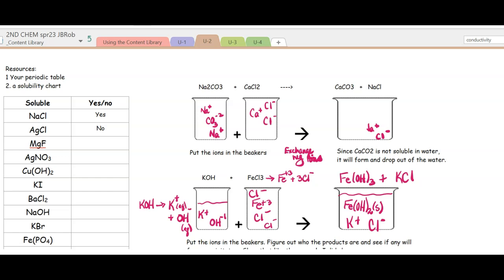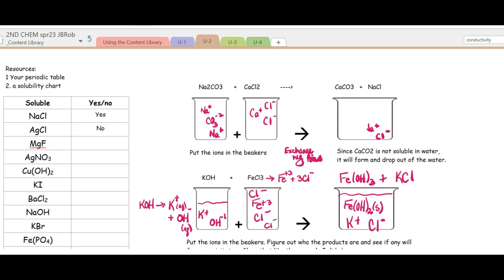So what drives this reaction to continue is we keep pulling out the product of iron hydroxide, and more of it sits on the bottom of the container until there's no more iron ions, no more hydroxide ions. So what keeps this reaction going is the formation of the precipitates.